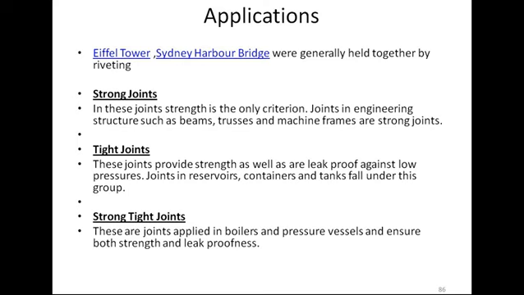And the next one is strong tight joints. These are joints applied in boilers and pressure vessels, and ensure both strength and leak proofness. This is the most important thing: in boilers and pressure vessels we can apply this kind of riveted joint.